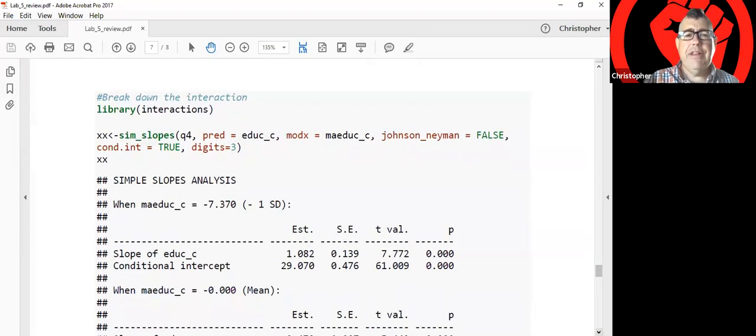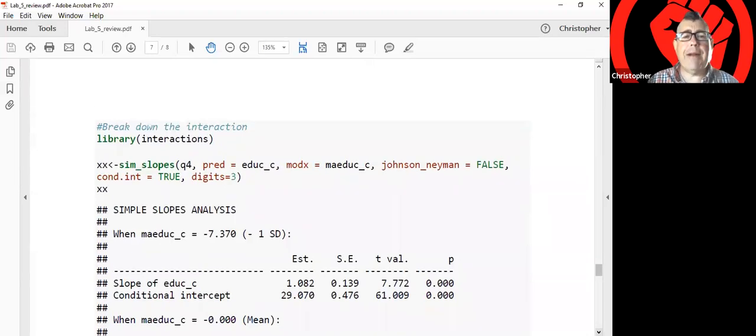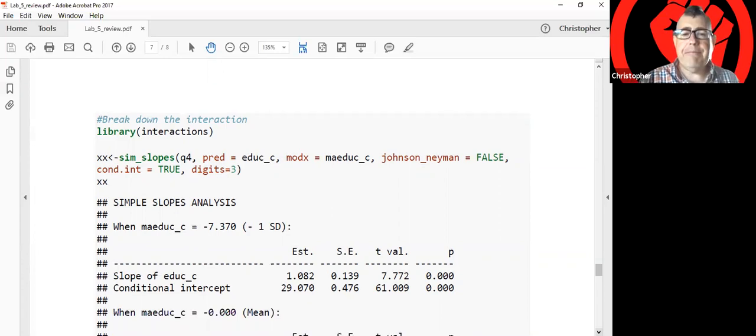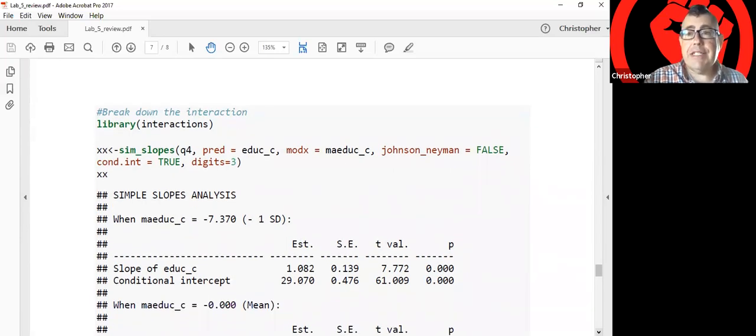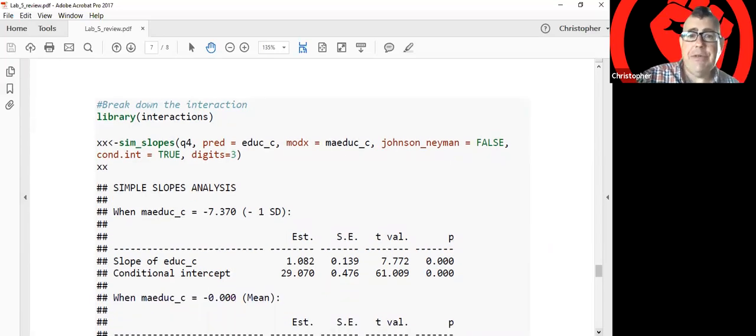So you can see the first analysis, simple slopes, when mother's education is -1 standard deviation, that's the 1 standard deviation below the mean. You can see the slope there is positive and it's significant. So there's a positive relationship between your education and your occupational prestige at lower levels of mother's education. Remember that these are unstandardized coefficients. That's why this value is over 1.